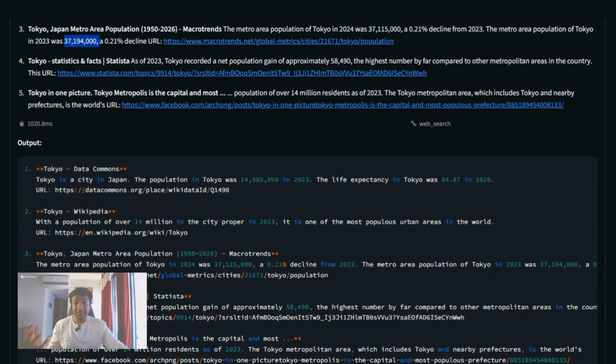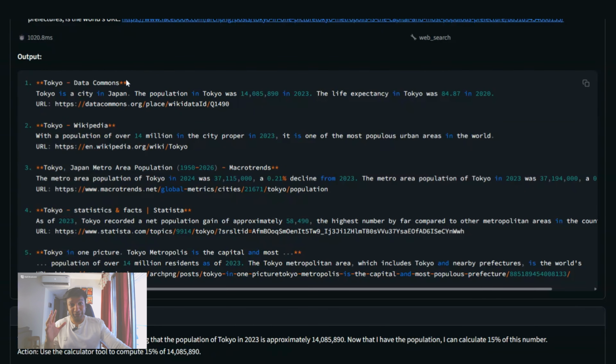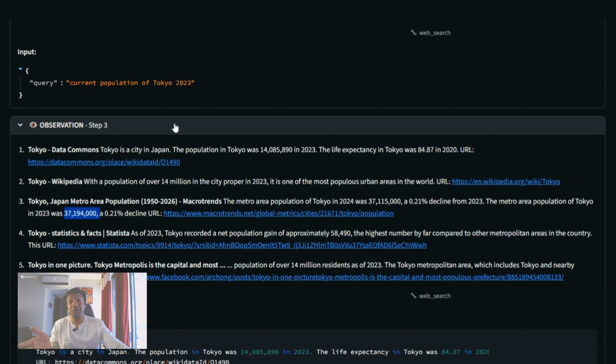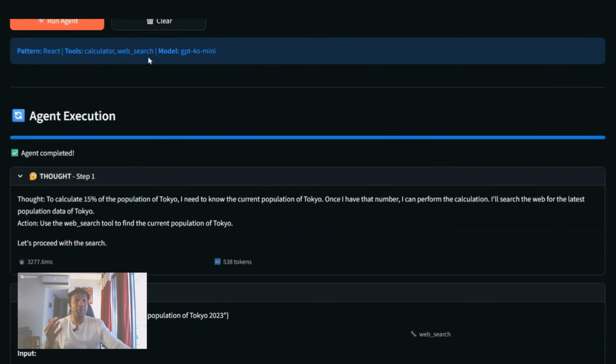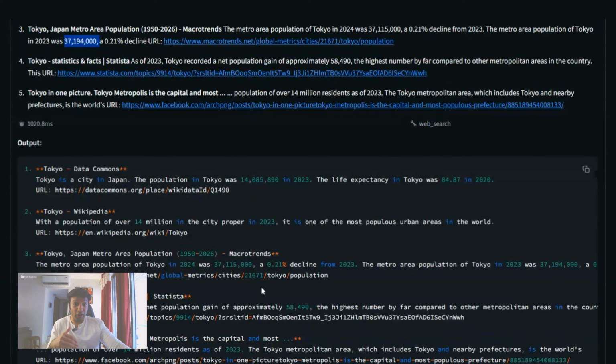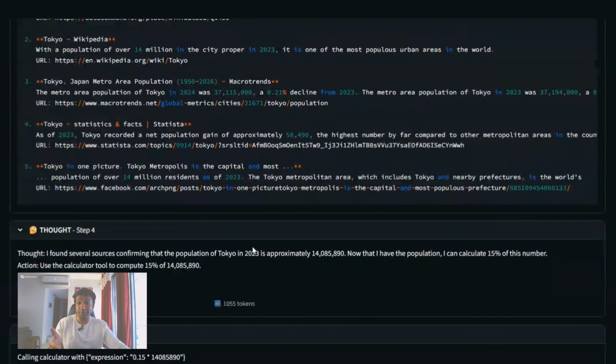The LLM takes it and understands the tokens. It also takes into account the context of the chat: what the first prompt was, what thought number one was, what action number one was, and what I have got is the return of action number one.